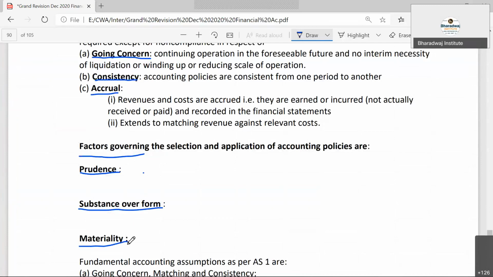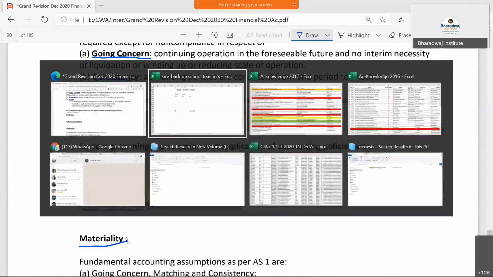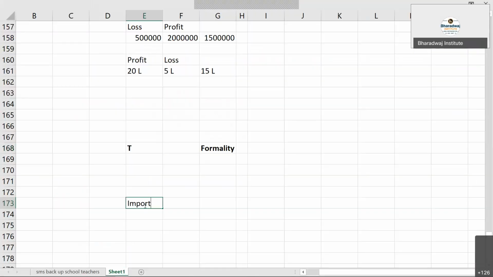Materiality. Materiality means all important items should be disclosed. Sir, what is material? What will become important? Two factors will decide the importance: the value of the transaction and the size of the business.